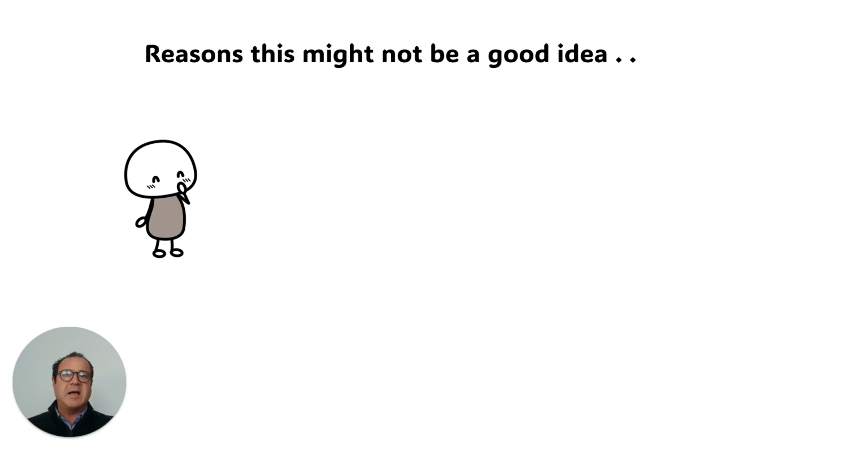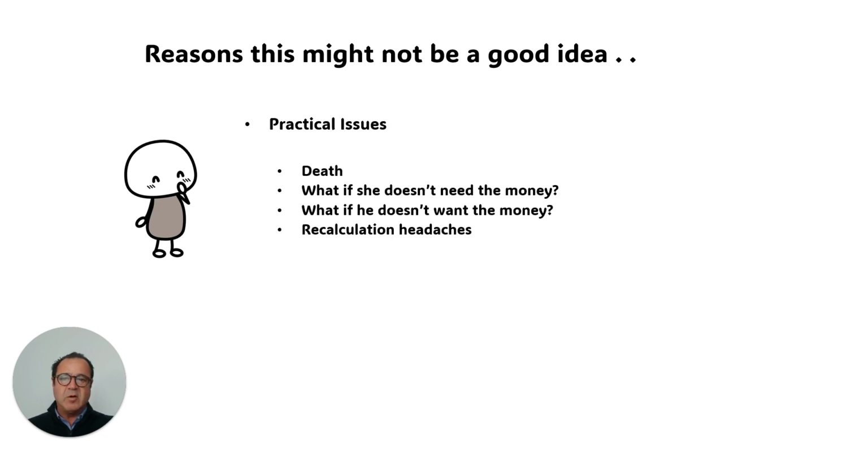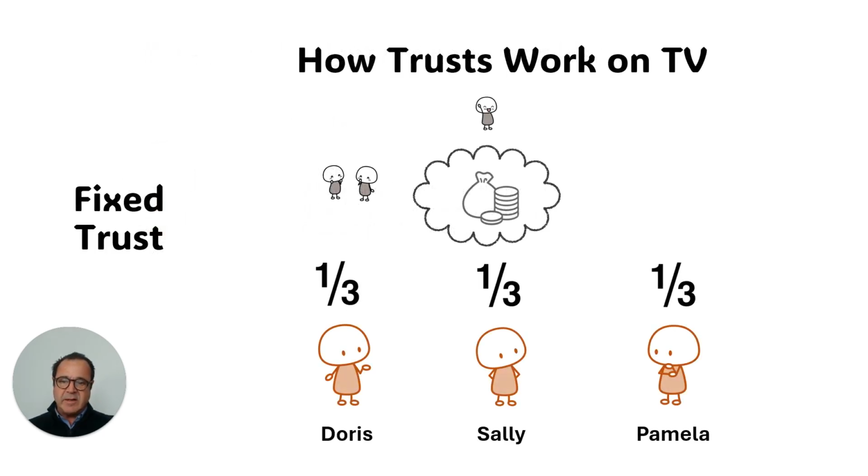But generally speaking, if you look out there in the big wide world, people do not usually make trusts like this. There's a few reasons why not. The first set of reasons are what I would call practical issues. So, for example, if we go back to our previous slide and we look at the way it's designed, we have Doris, Sally, and Pamela.